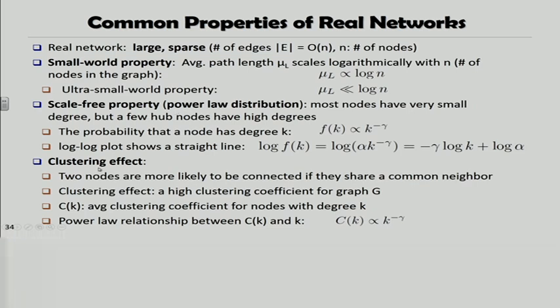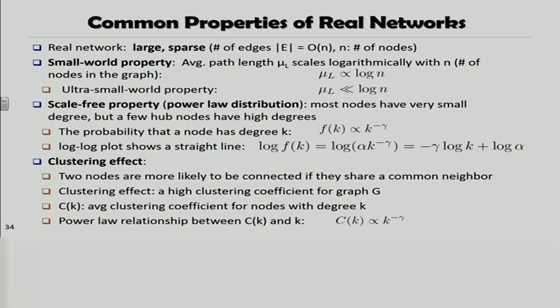Another one is the clustering effect. Clustering effect means that any two nodes may share some common neighbor, and then they will likely be connected. So you will have a high clustering coefficient. Remember last time we discussed how you calculate the clustering coefficient for a node. You take your neighbors, look at the connections among your neighbors, versus all the possible connections.